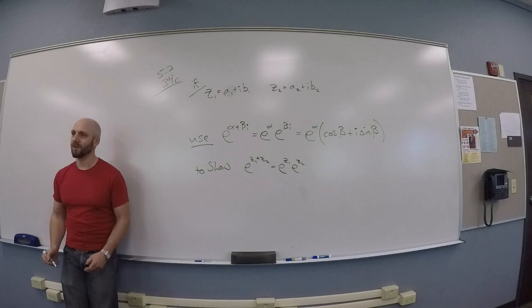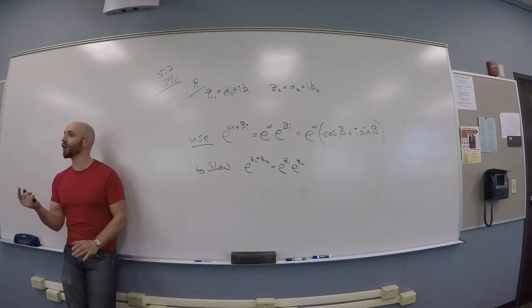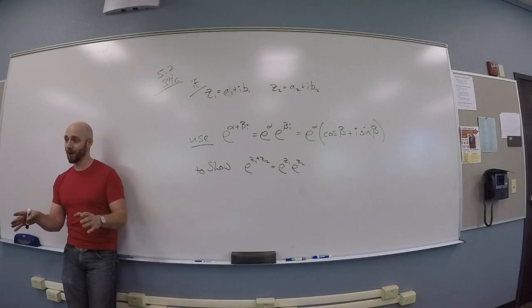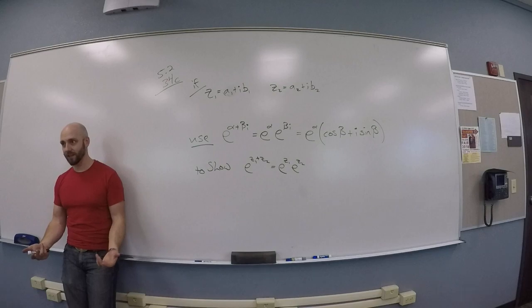Which is just the exponent rule, right? And so you're all like, duh, exponent rule? Thing about exponent rules, you don't actually know they work for complex numbers. So this is demonstrating that they actually do work for complex numbers.